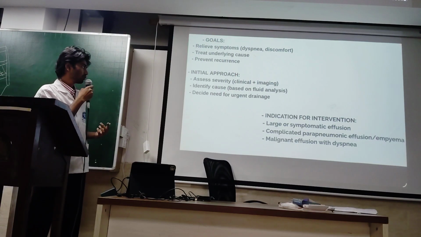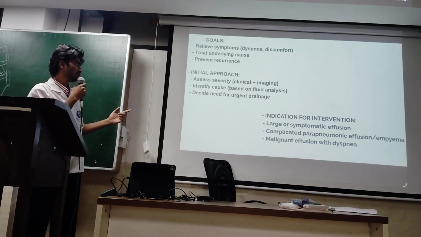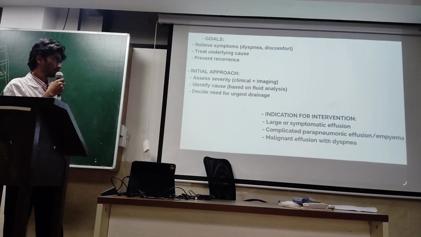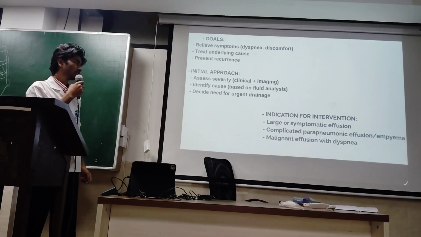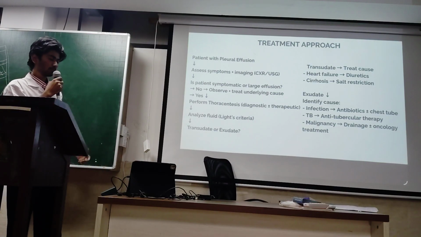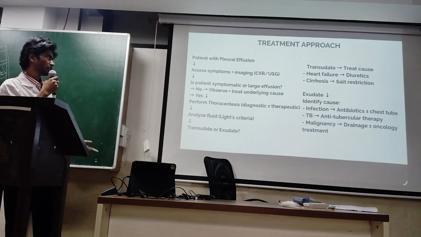What is the initial approach? The initial approach is to assess the severity using clinical and imaging findings, then to identify the cause based on the fluid analysis, and then to decide the need for urgent drainage. Now coming on to the process of how pleural effusion is actually treated.